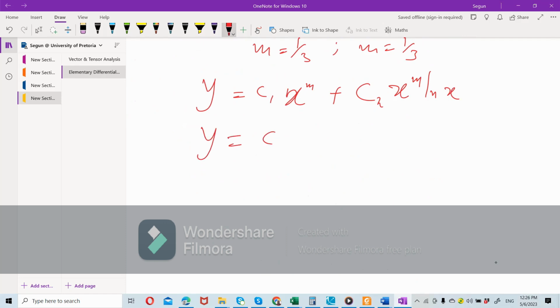So we have y equals to C1 x raised to power 1 over 3 plus C2 x raised to power 1 over 3 ln x. So that's what they call this. Now, the question now is, if I have non-homogeneous, how do I solve it? That is the problem.